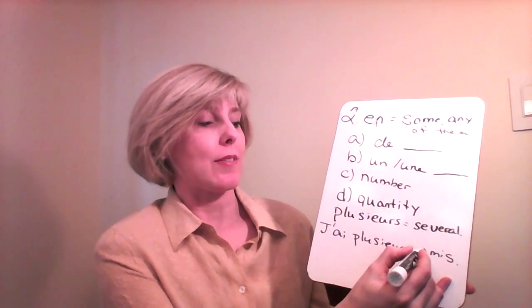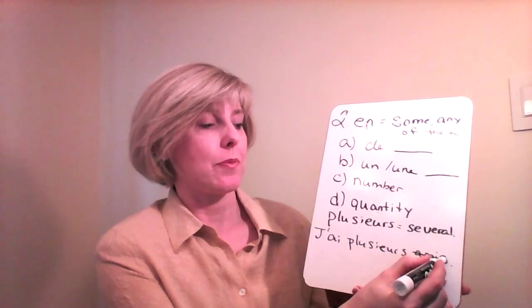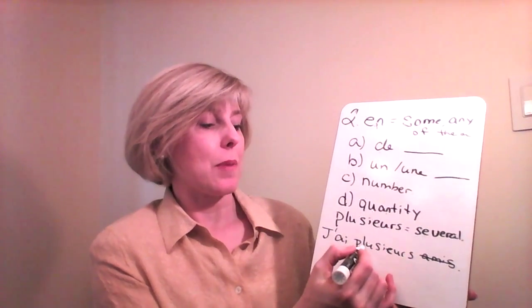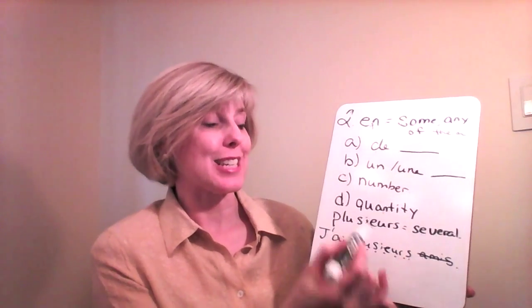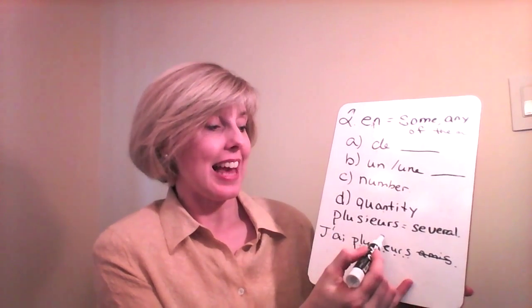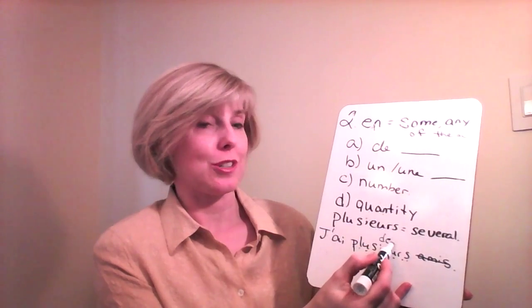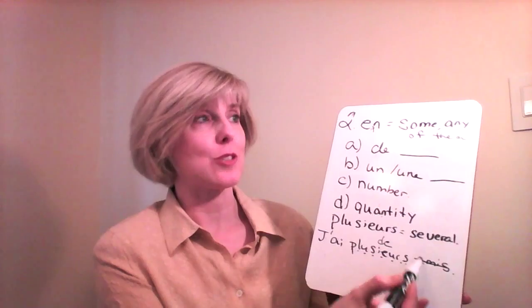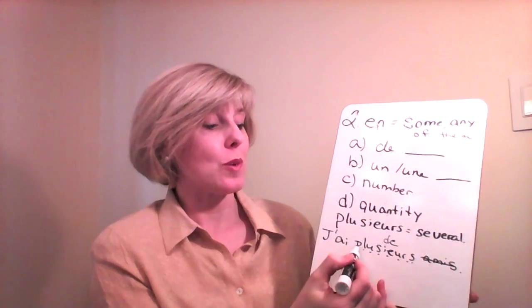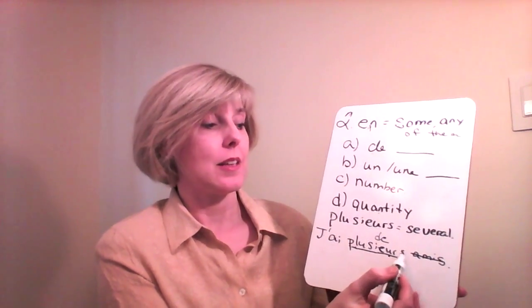So I would have to take out the word ami, and I have to think about the fact that plusieurs is an expression of quantity. I have to imagine that it's like the word de. So de plus a noun is replaced by en, and so is an expression of quantity plus a noun.